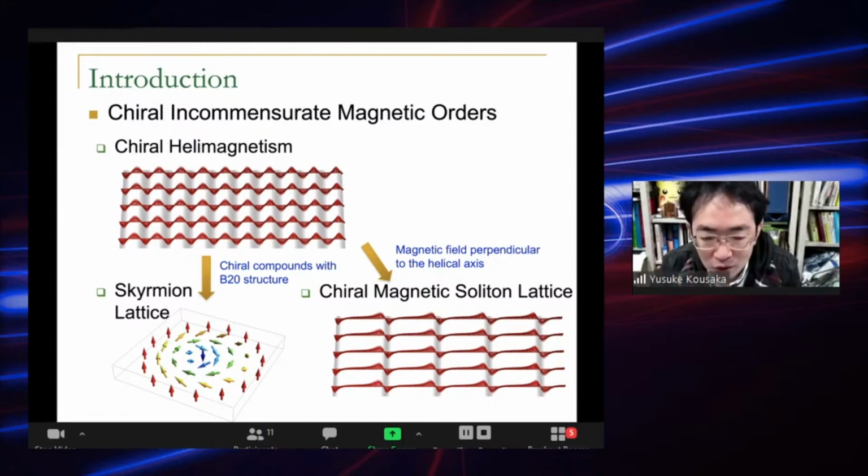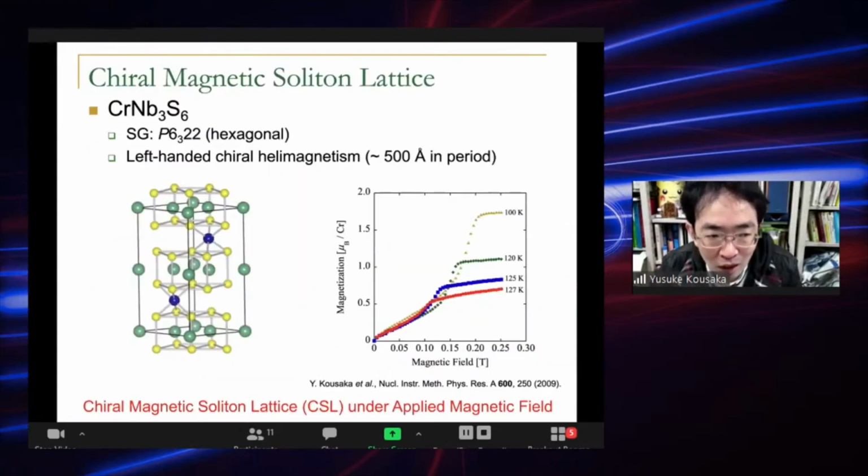So one typical example is the chromium niobium sulfide compound. This crystal structure is chiral, belonging to the space group P6322. It is also reported that it forms a chiral magnetic structure with a period of 500 angstroms.